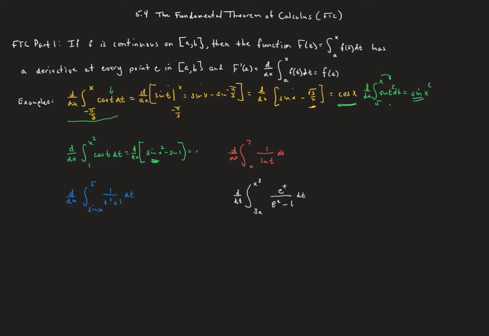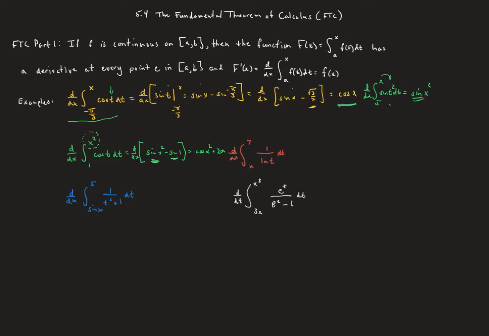The derivative of sine is going to be cosine of x squared, and then we take the derivative of the inside function. It doesn't matter what we evaluated the lower limit at, that's just going to be a constant, so its derivative is going to be 0.